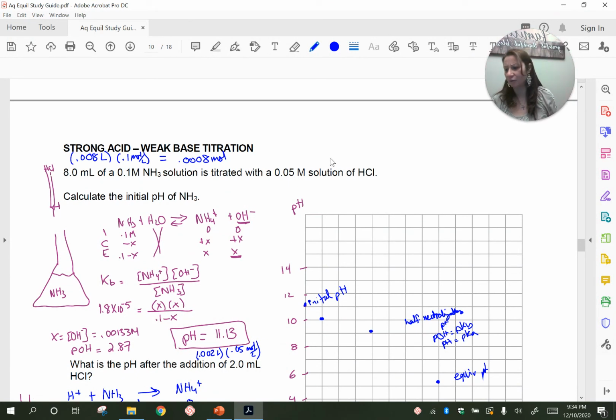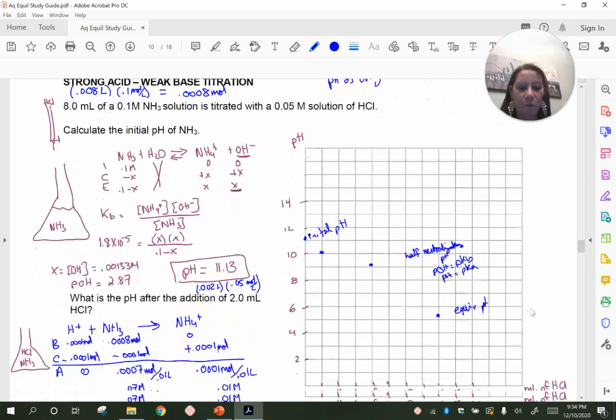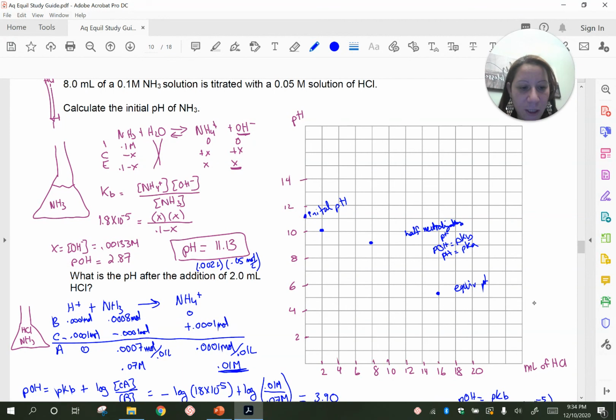So if we take negative log of that, pH of only HCl would be equal to negative log of the 0.05 molar, which is, I think, 1.3. So this is the ending pH. That's what it's going to approach. So we're going to eventually get to somewhere here.